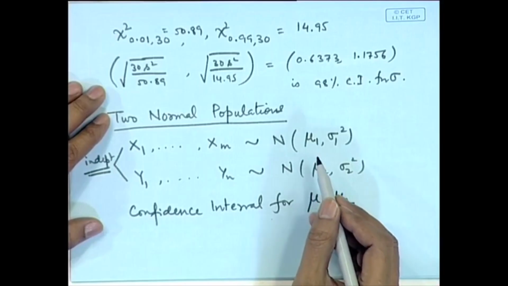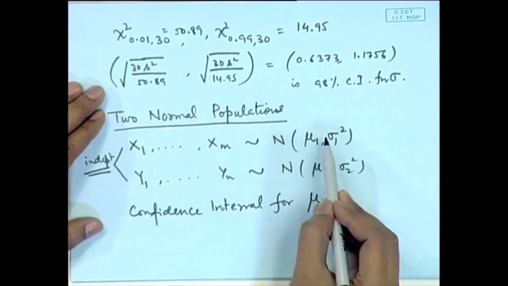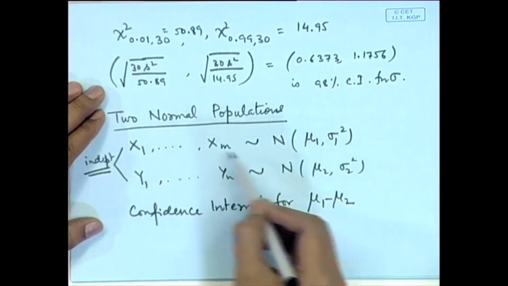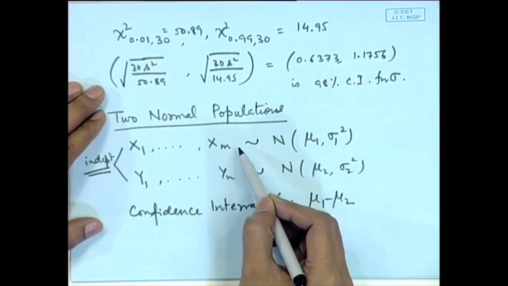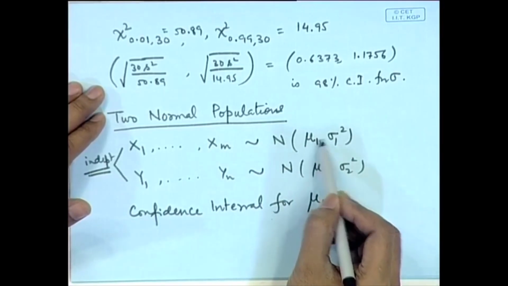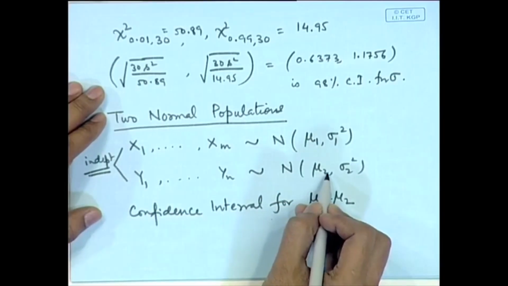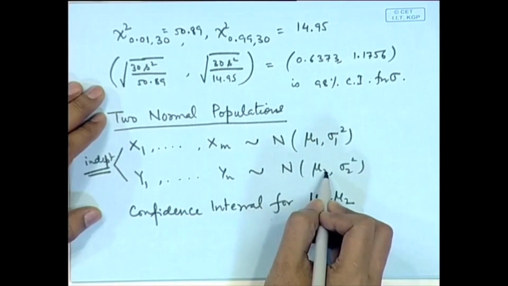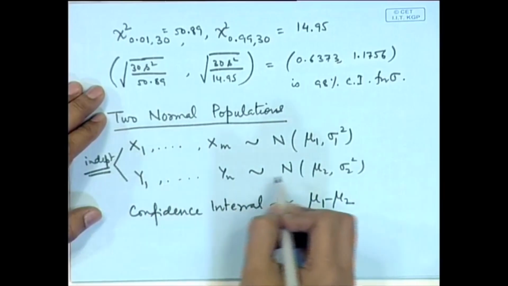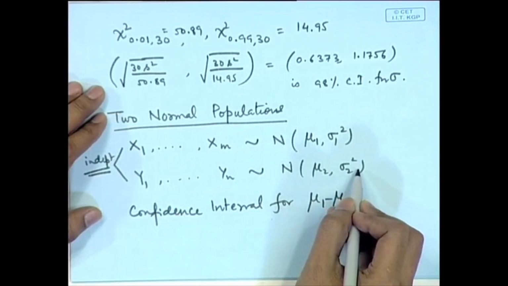For example, it could be that the first set of observations is based on certain patients, and we are looking at the average effectiveness of a certain drug. So, the average effectiveness is mu 1 and the variability is sigma 1 square, and suppose there is another drug whose effectiveness is measured by y 1, y 2, y n, and the average is mu 2 and the variability is sigma 2 square.